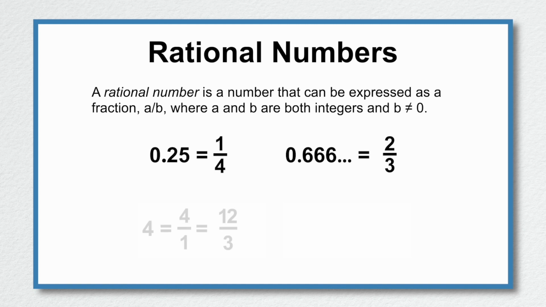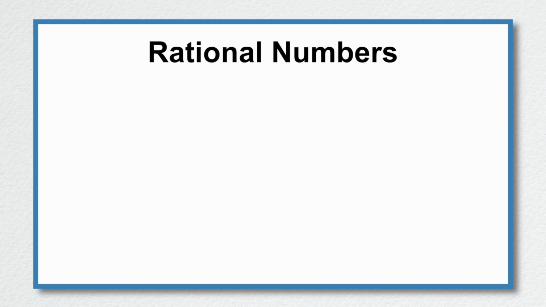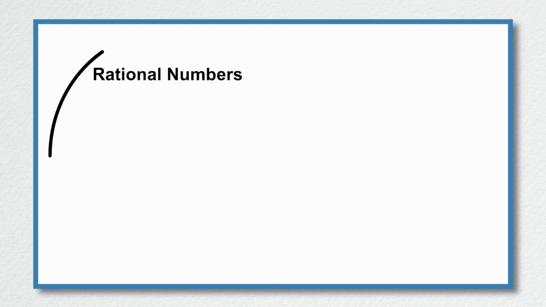Whole numbers such as 4 can be thought of as 4 over 1, or 12 over 3. And negative numbers like -5 can be thought of as -5 over 1, or -15 over 3. If we consider the sets of numbers we have looked at so far, our main family are rational numbers.